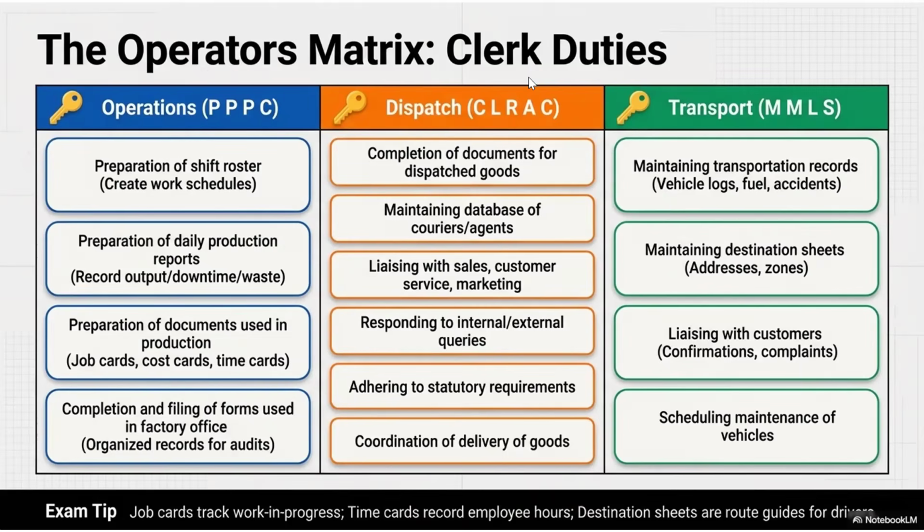You'll prepare any other documents used in production, like your job cards, your time cards, your cost cards. Your job cards will show the work that was done. Your cost cards will show the costs at different points, like how much the labor cost, how much the material cost, etc., when making a product.